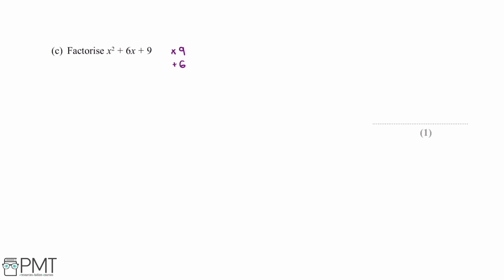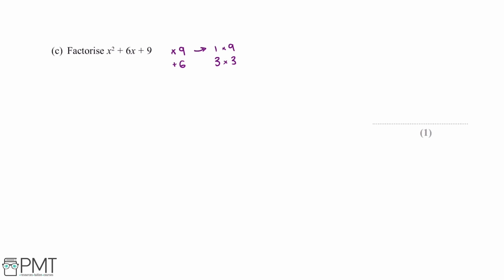So we can start by listing numbers which will multiply together to make 9. So we have 1 multiplied by 9, 2 is not a factor of 9, and then we have 3 multiplied by 3. Now 1 plus 9 is not equal to 6. However, 3 plus 3 is equal to 6. Therefore, x plus 3 is a factor of this quadratic.